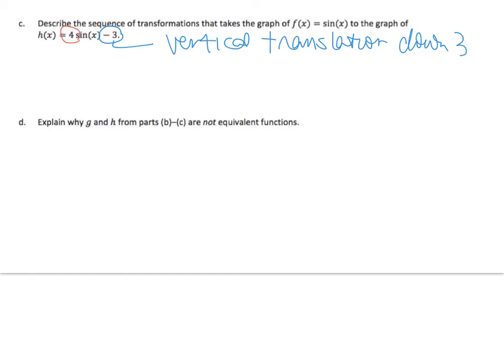And this number in front is vertical. It's in front of what you're working with, not inside of. So when it's in front, it's a vertical scale by a factor of the coefficient as it is.